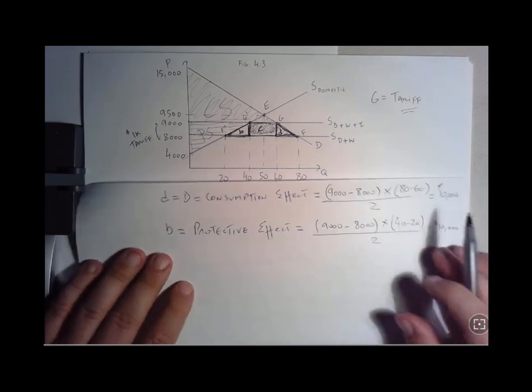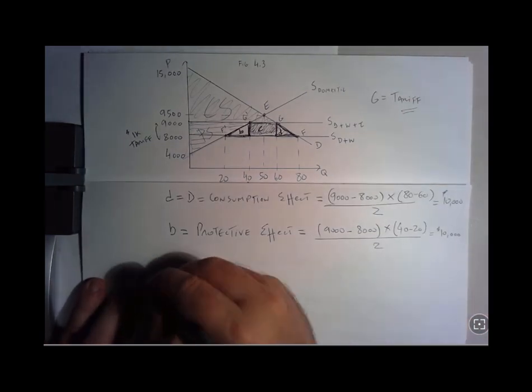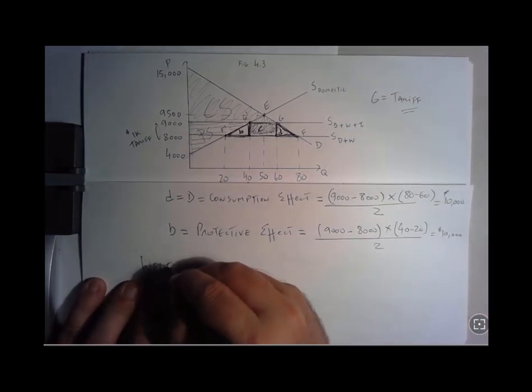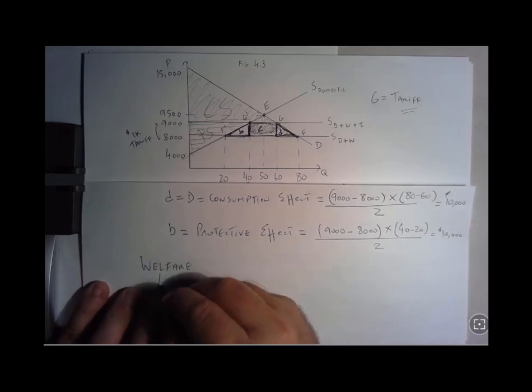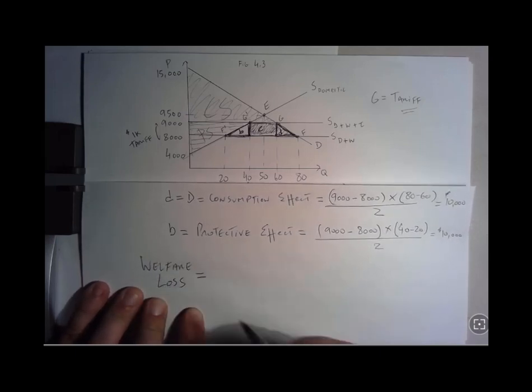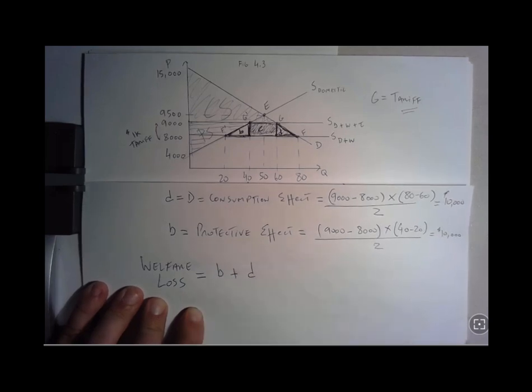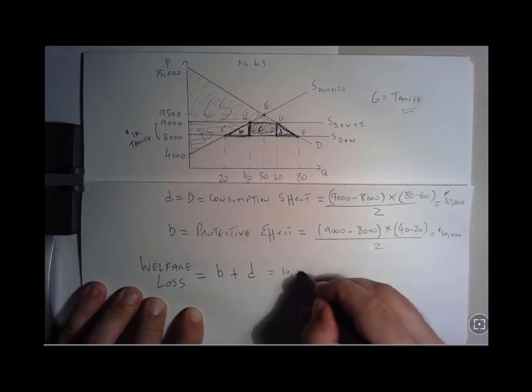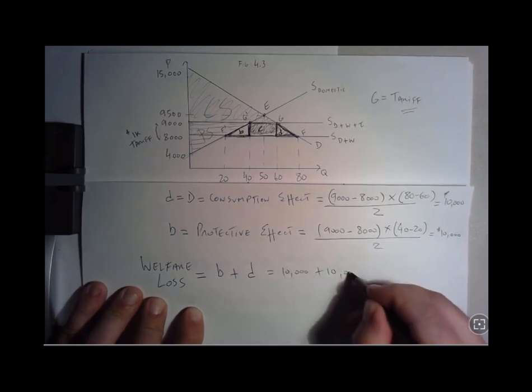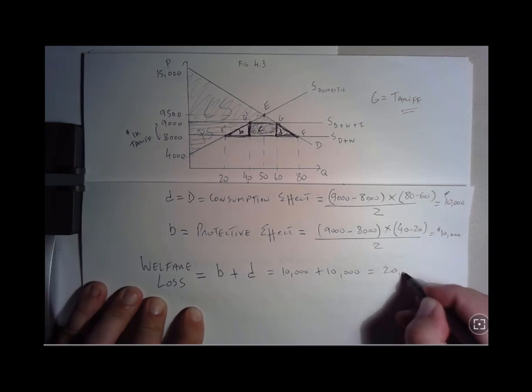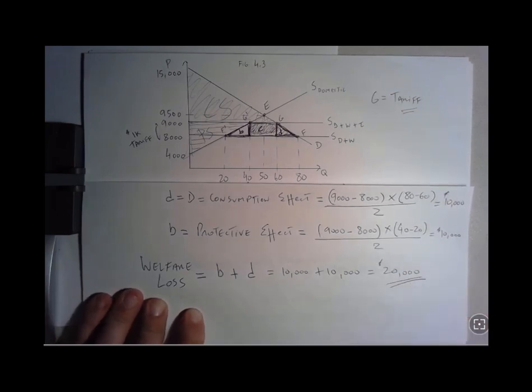This is what we call the welfare loss, which is approximated by adding the protective effect and the consumption effect. So this was $10,000 each. And therefore the welfare loss amounts to $20,000.